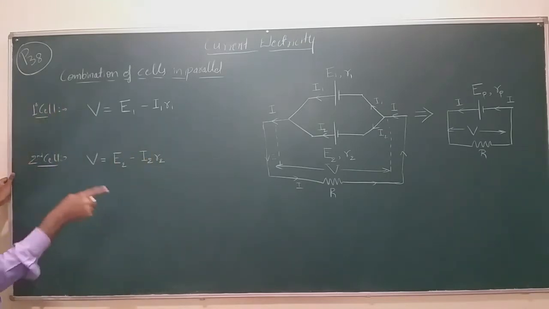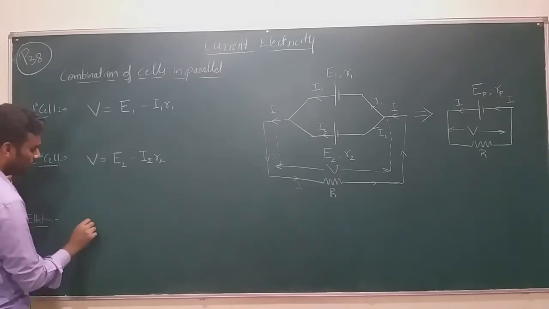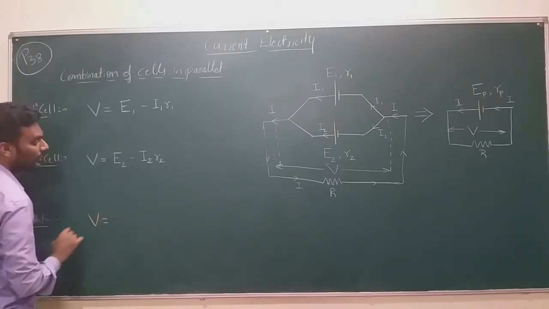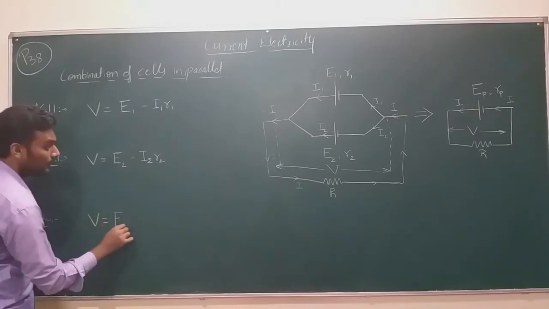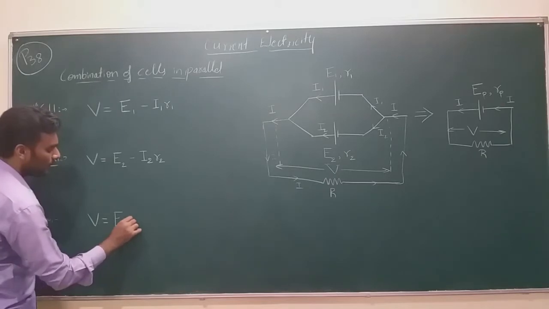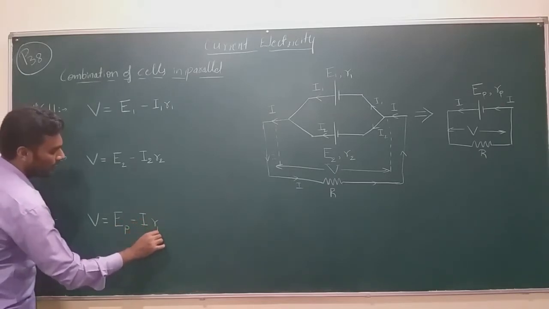And similarly for the effective cell, V is equal to EP minus I RP.